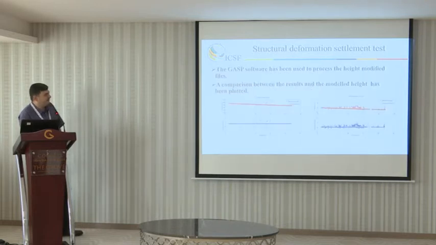And then we ran this data using GASP software. We did a comparison between the applied settlement and our results. And here you see the result for 7 kilometers, and this is the result for 54 kilometers. Obviously, the 7 kilometers is more accurate and more precise. As I said, the GPS accuracy is baseline length dependent.